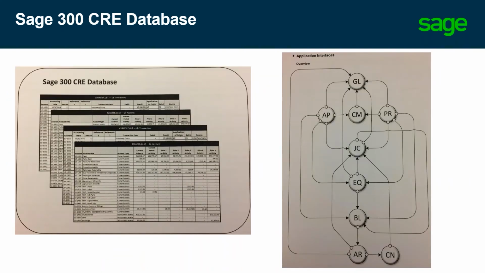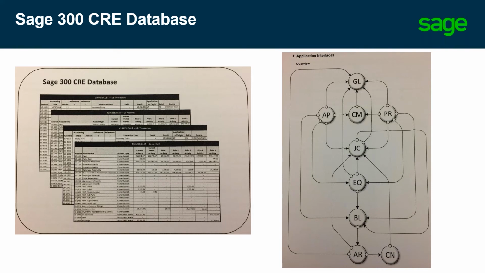ERP systems such as 300 Construction and Real Estate are a great way to house your data in a secured system to allow you to perform several functions on that data while maintaining the integrity. Data is saved in relational databases on the tables that you see on the left-hand side of the screen here. So when you perform activities such as paying a bill or invoicing a customer, the data on these tables are updated accordingly.